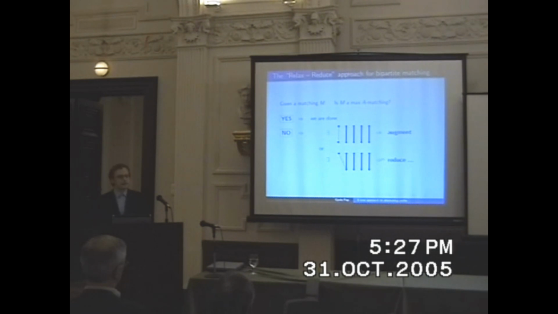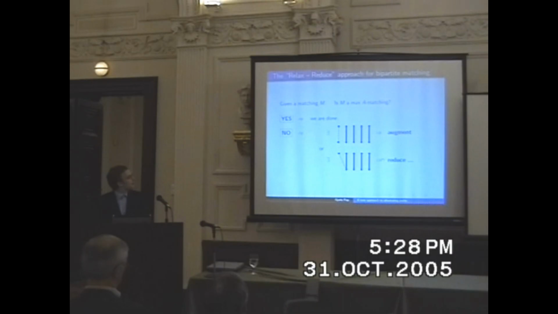To prove Koenig's theorem, consider an arbitrary matching in the graph. Check whether M is a maximum A matching. This is easy. Well, if it is, then we are done. The observation implies equality in Koenig's min-max formula.